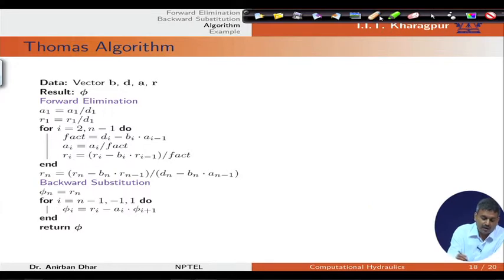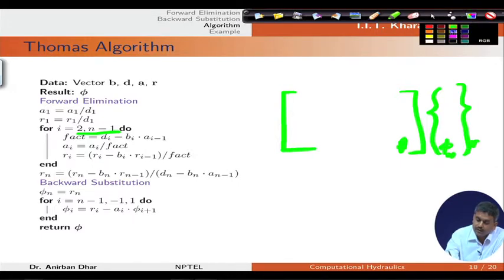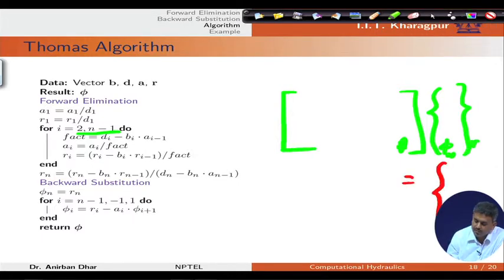Now, we are starting from 2 to n minus 1. Why n minus 1? Because the nth row will have only the r term, because the diagonal term will be 1. So, this is phi n equals r n.